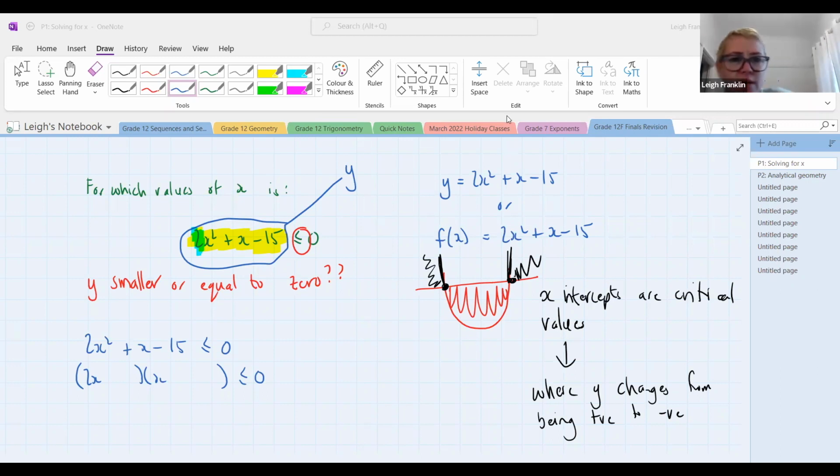Which two numbers are we going to use here, matrix? Quite right. So where should 3 go and where should 5 go? And which one should be positive and which one should be negative?